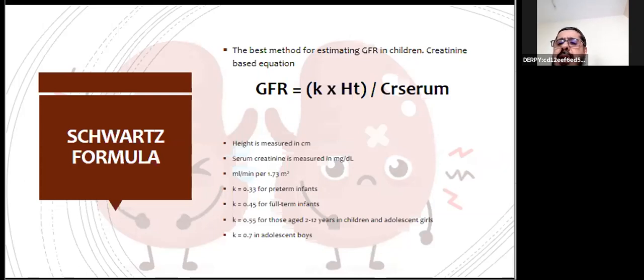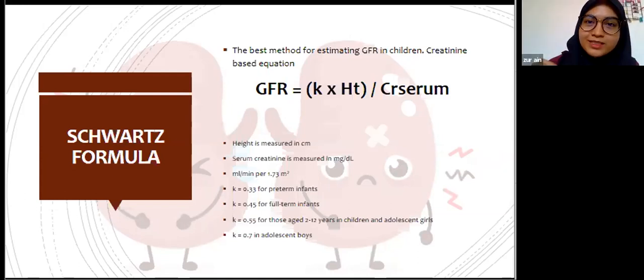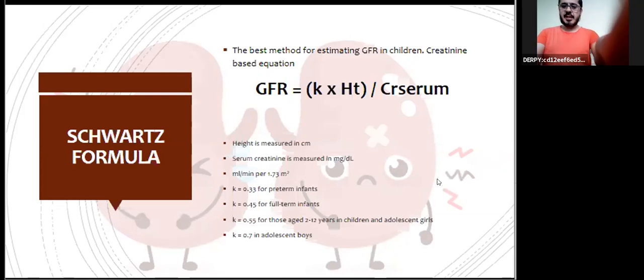So K in Malaysia equals 40. If you go during your housemanship and want to calculate the GFR, K equals 40. Okay, I will correct it later. Yeah, edit it before you share again.